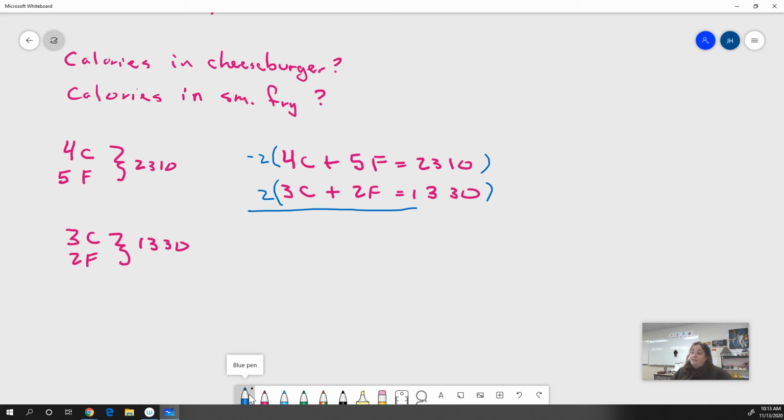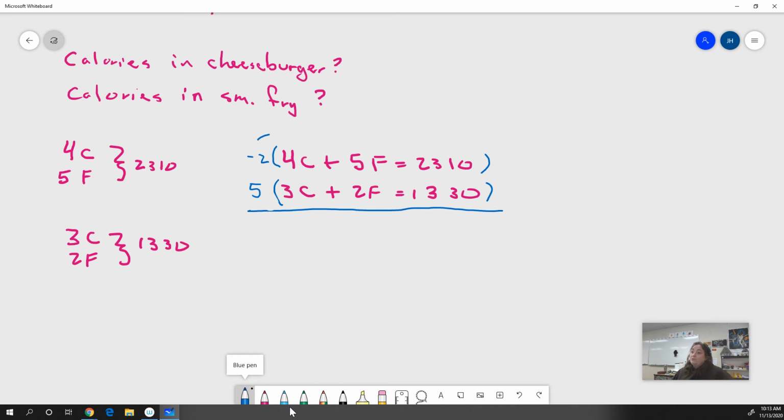As long as one of them is negative so that they're opposite. Oh, sorry, this would be 5, right? 2 times 5. So here I have to multiply times -2 to get -10. Here I'm going to multiply times 5 to get +10.